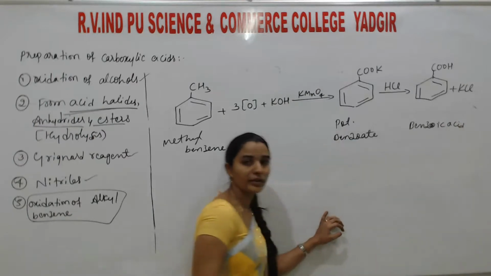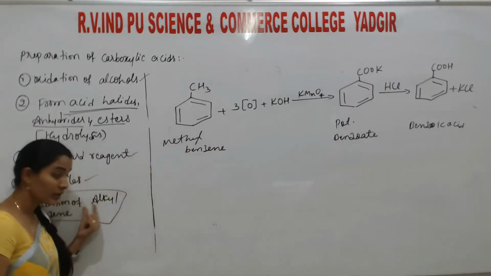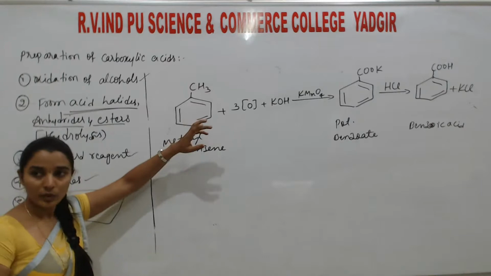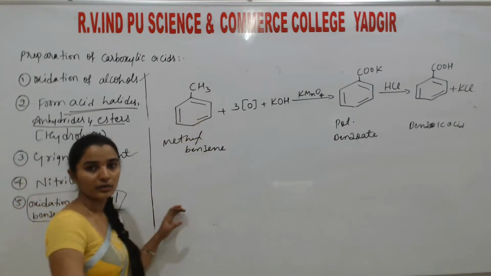You may write the direct reaction here because they specifically mention alkyl benzene. You have to take only one example. There is no R substituent here. Okay.